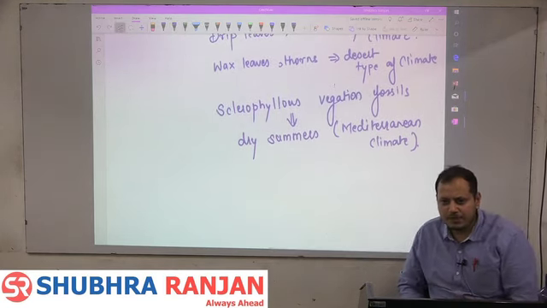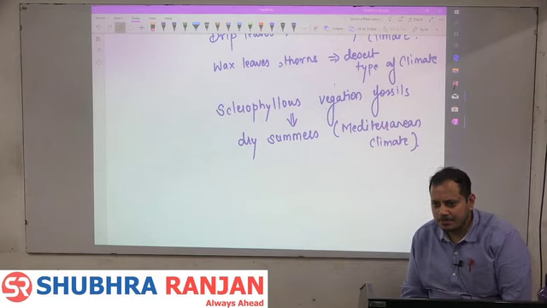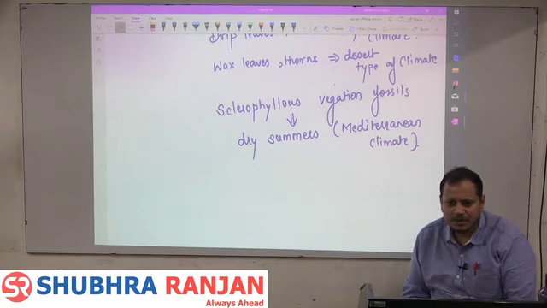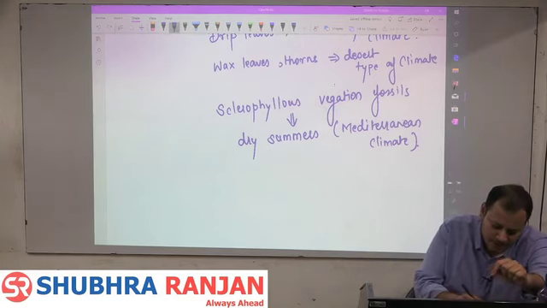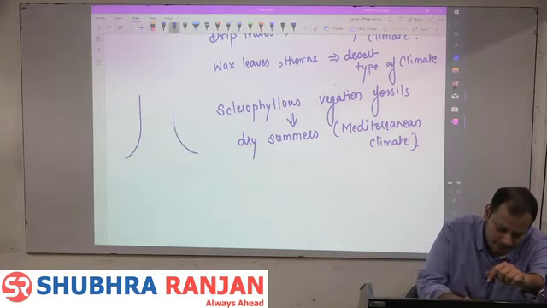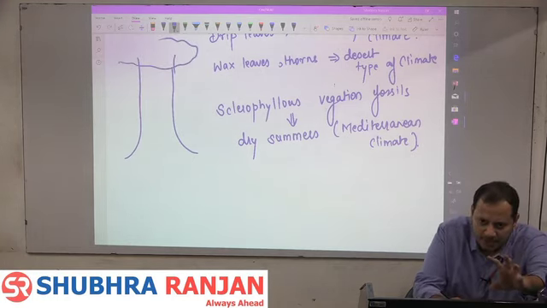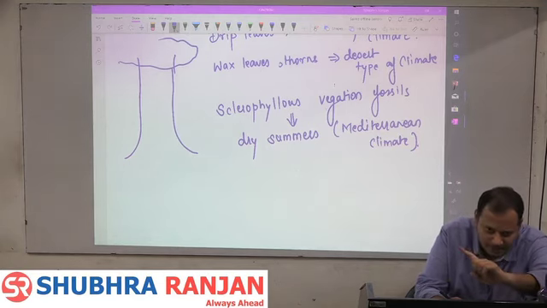What is sclerophyllous vegetation? Sclerophyllous or sclerophyll is a kind of vegetation that grows in the Mediterranean type forest. कि ये अगर tree है, in the Mediterranean type of climate, we have just seen that it is very hot climate. Why? Because of the dry summer season. Winters may get rainfall, but summers are very, very dry.